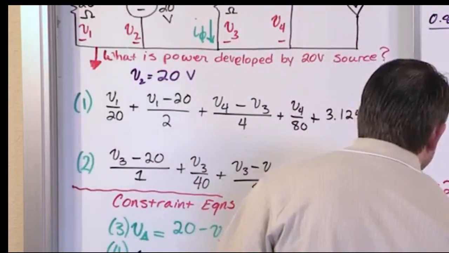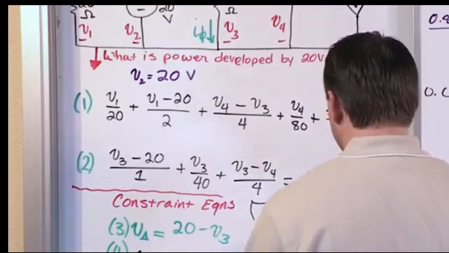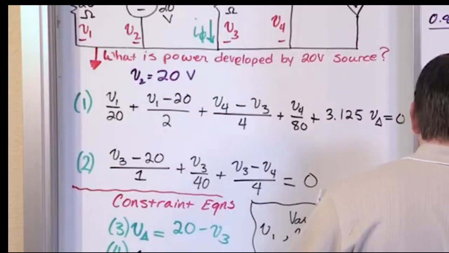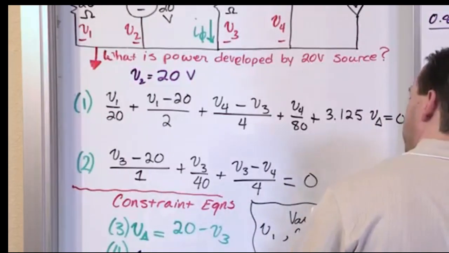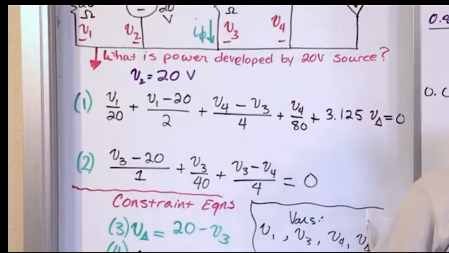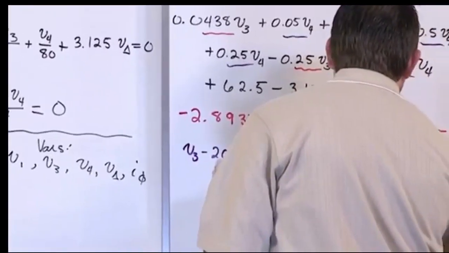So V3 minus 20. We have V3 over 40, so 1 over 40, I'm just doing the decimals now, 0.025 V3. And then this is 1/4 and negative 1/4, so that's 0.25, so we'll have 0.25 V3 minus 0.25 V4. And this is equal to 0.